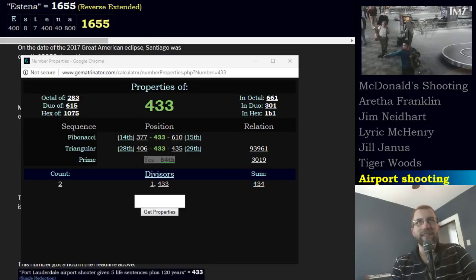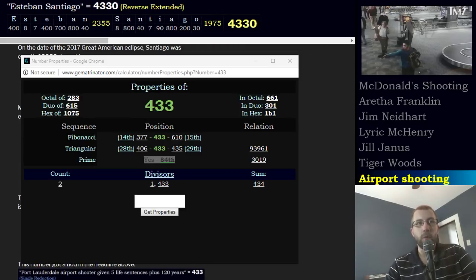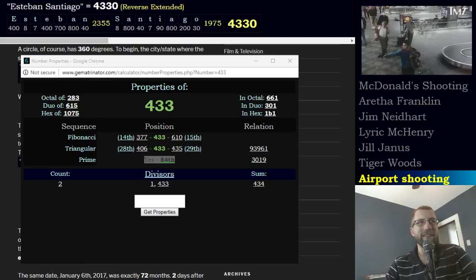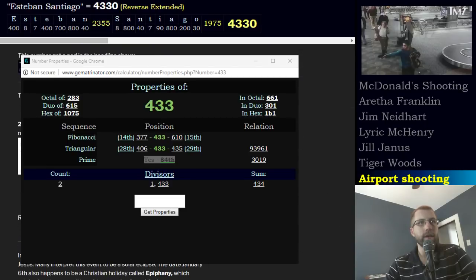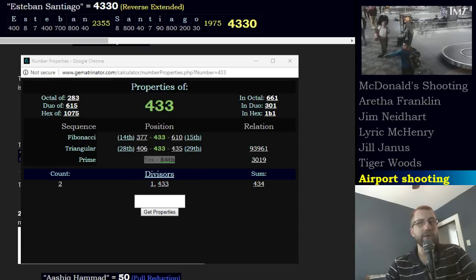Also, in reverse extended, Esteban Santiago equals 4,330, right? And measuring from the date of the shooting to the date that he was sentenced is exactly 84 weeks. Also, the headline that they gave us, way up top here, about the sentencing, even has gematria of 433 with the S exception.